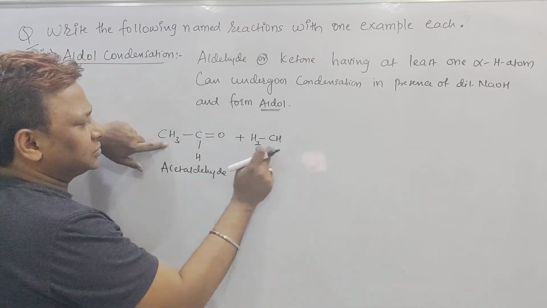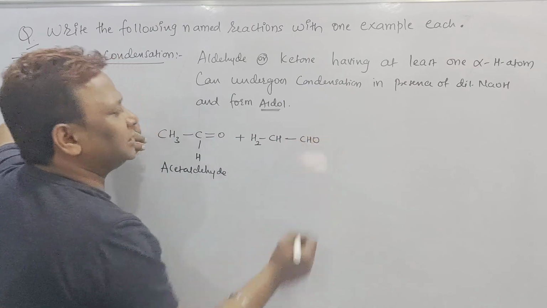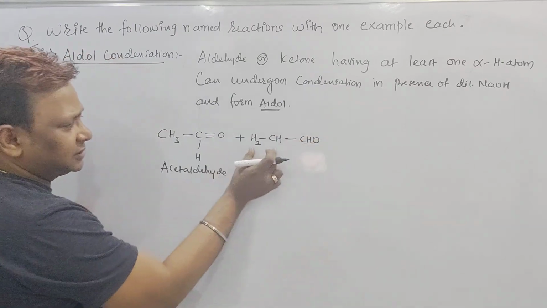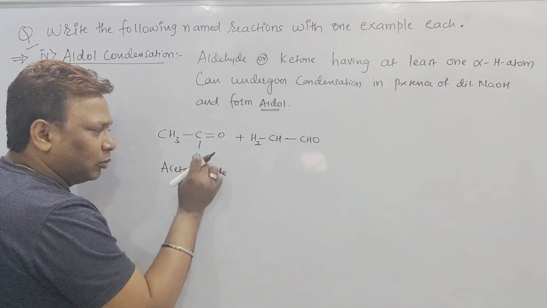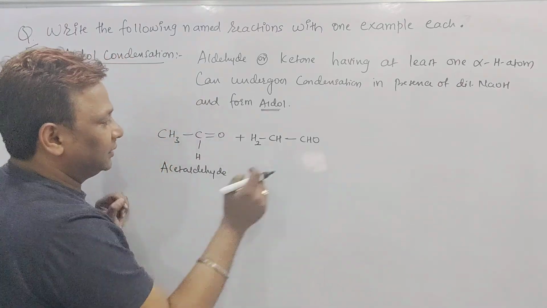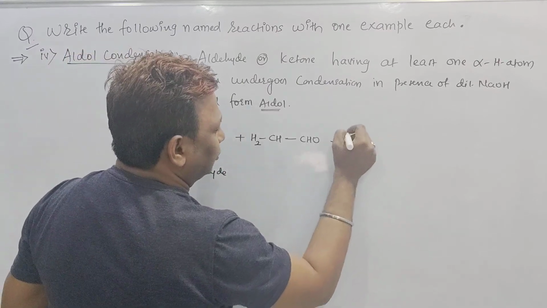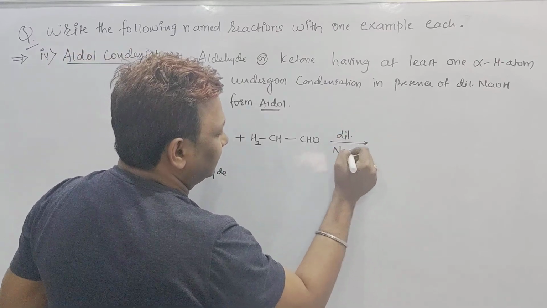CH3 can be written as H2CH, and C double bond OH can be written as CHO. See, CH3, C double bond OH can be written as CHO because it is an aldehyde. Now acetaldehyde, but in presence of dilute NaOH, yes sir.